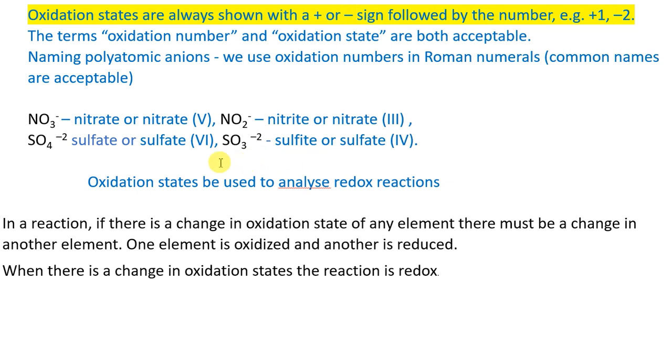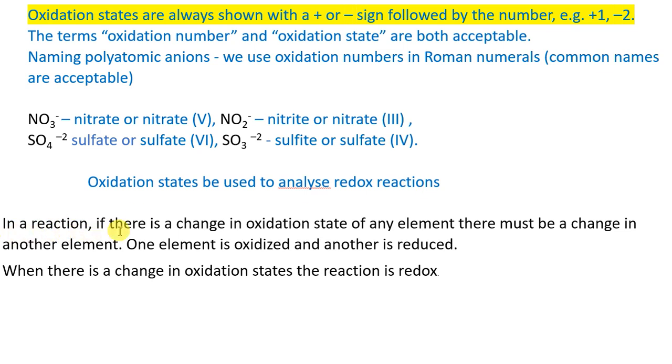Sulfite, a common name for SO3 2-. It's sulfate(IV) because, again, oxygen -2, 3 of them, that's -6 altogether. The overall charge of the ion is -2, so sulfur must be +4. And oxidation states can be used to analyze redox reactions.